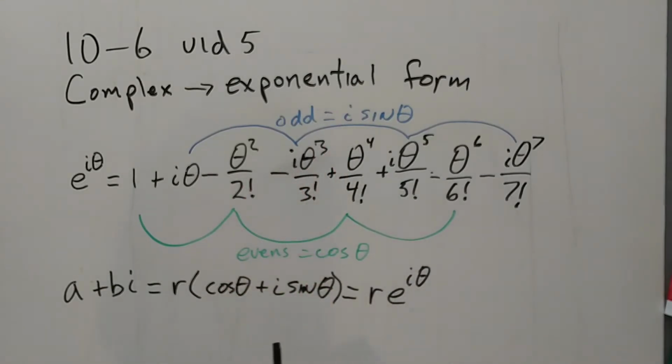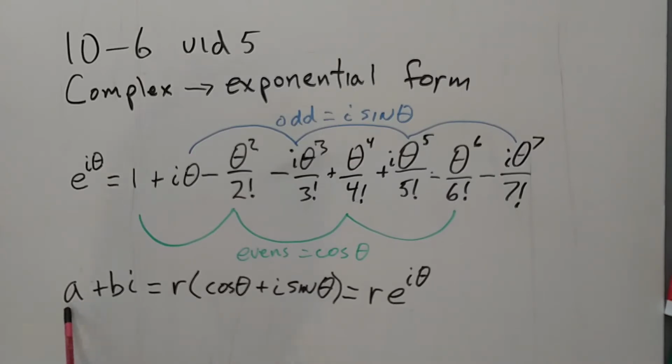So from this, we see that e to the i pi is equal to the cosine of theta plus i sine of theta.